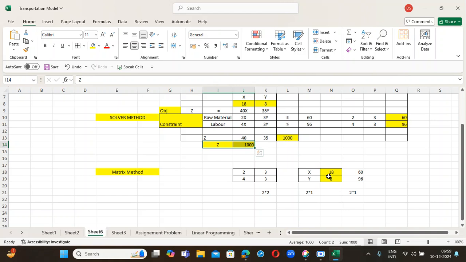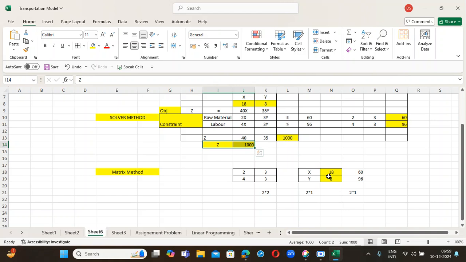Matrix methods matter because in real life situations you will find that there are numbers of variables. It may be the raw material, it may be the labor, it may be the insurance, it may be the consultancy, it may be the feed, it may be the fodder. There are numbers of inputs. Just by doing the matrix method calculations and understanding matrix multiplication and matrix inverse methods, you can solve with only a click.